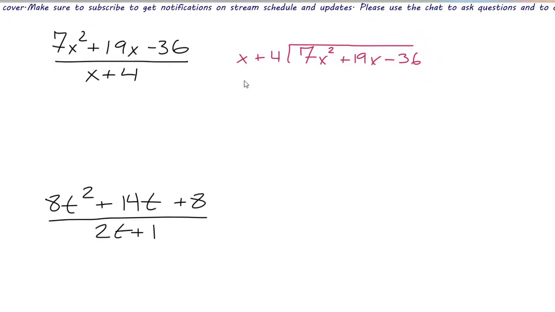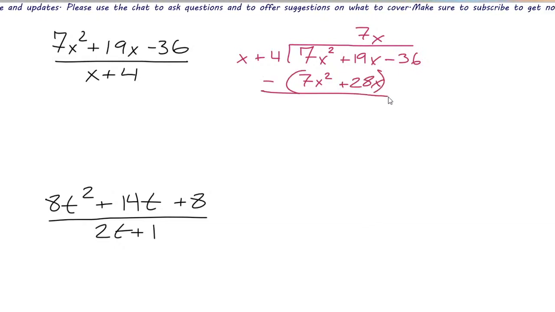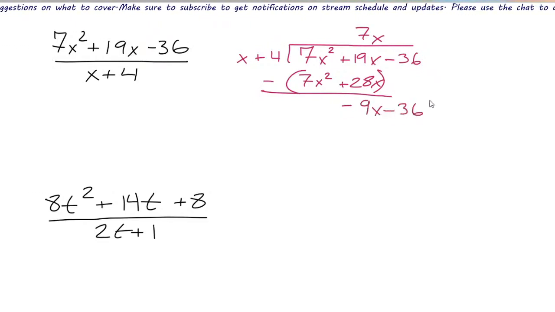So what can I multiply x by to get 7x squared? Well, I can multiply 7x, multiply x times 7x, you get 7x squared. Multiply 7x by 4 and you'll get positive 28x. Subtract. 7x minus 7x cancels. 19 minus 28 is going to be negative 9x, and minus 36.